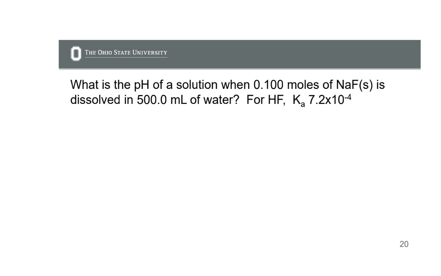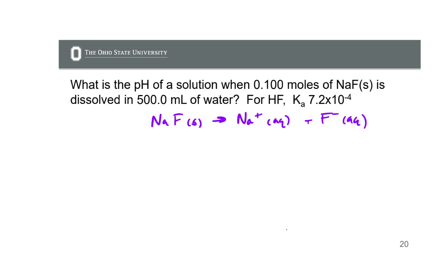I always start out by reminding myself what I'm doing. Okay, so if I take sodium fluoride and put it in solution, I'm going to form sodium ion and fluoride ion. I write this out specifically just to keep track of everything. I know, after having done many of these problems, that sodium is not going to affect the pH of the solution.